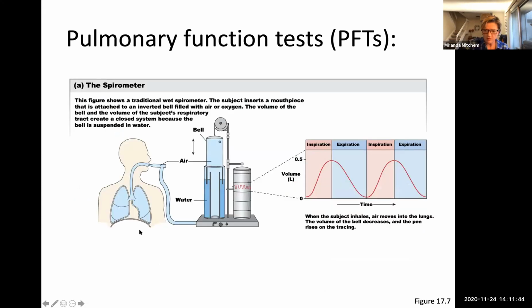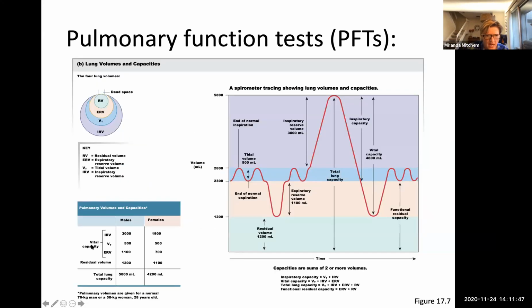So let's bump down to the graph. Our inspiratory reserve volume for males is quite a bit higher, 3,000 milliliters versus 1,900 for females. And just to look at the 2 we pointed out up top, our tidal volume for males is 500, and for females it's about 500. But then our expiratory reserve is 1,100 versus 700.